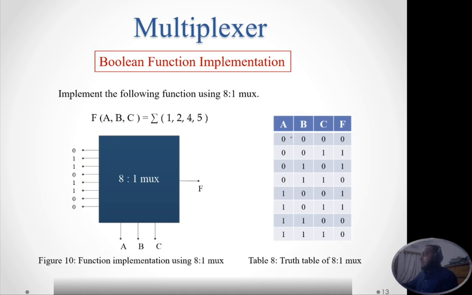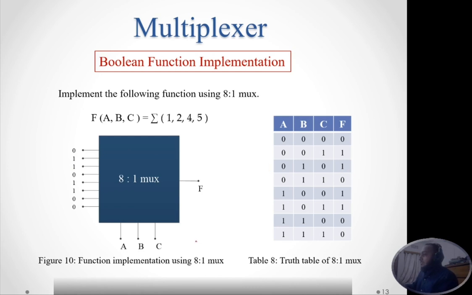Let's see how. For the 8:1 mux, if our pattern is 0 1 0, our third input should be selected and we should see the third input as our output. So here our third input is 1 and we will see 1 here. So for the third pattern, we are getting 1.